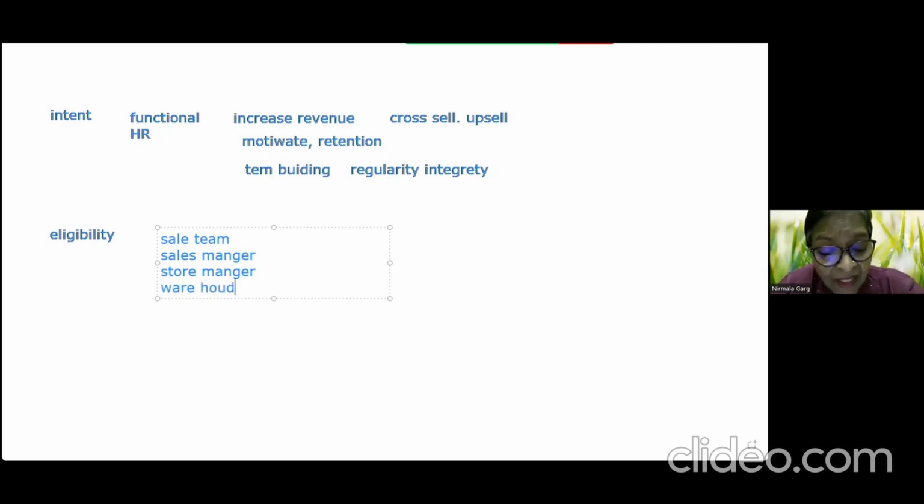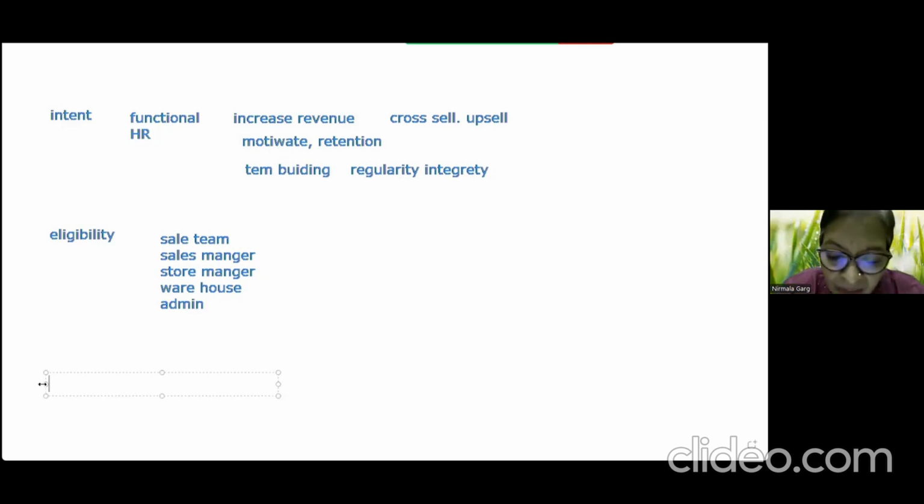Say Marks and Spencer, everybody knows Marks and Spencer, right? So there can be a warehouse guy, warehouse manager, or an admin guy. So who are the people who are eligible? It is very important to know for whom we are making it.